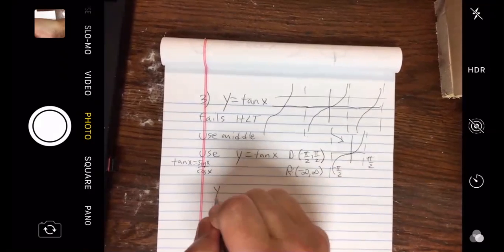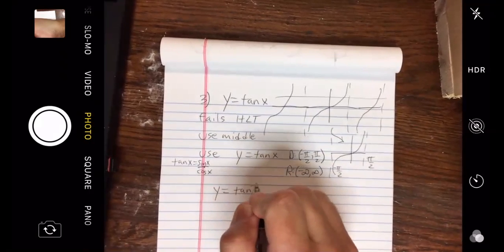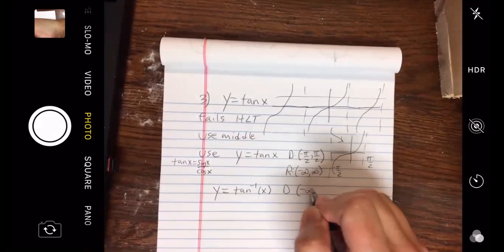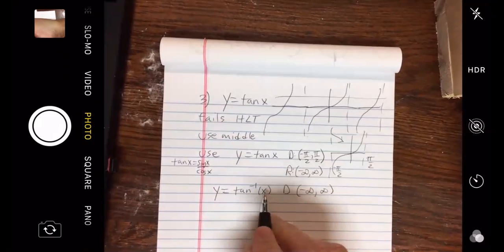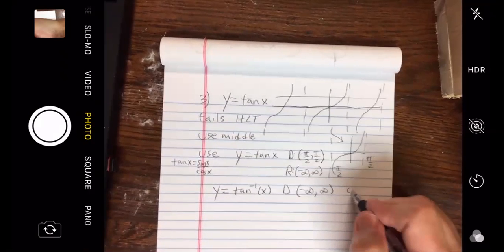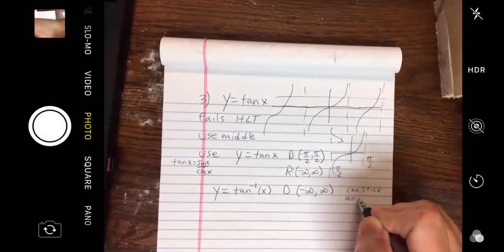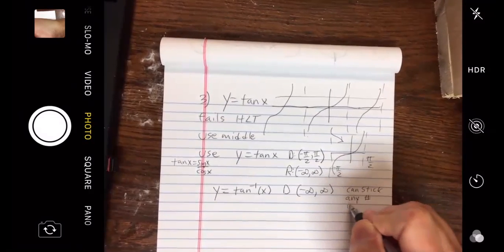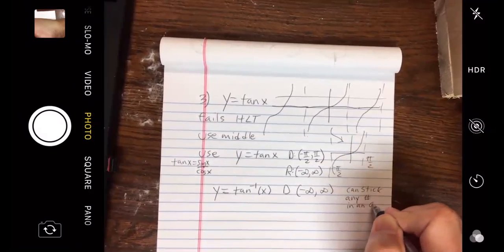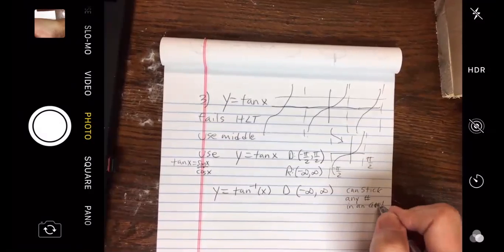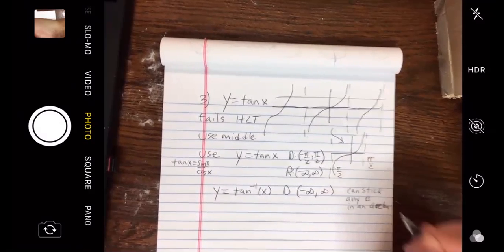Y equals arctangent of x, its domain then is minus infinity to infinity, which means you can stick anything into an arctangent. You can stick any number in an arctangent. Arctangent.